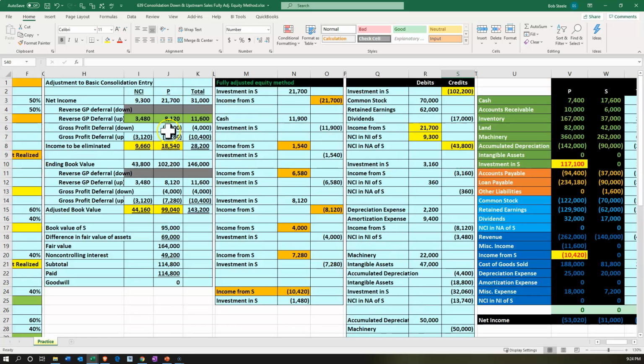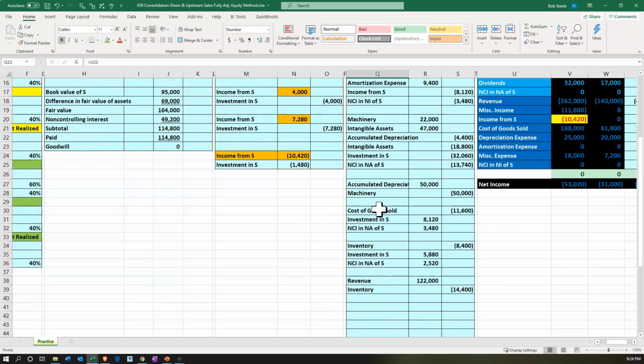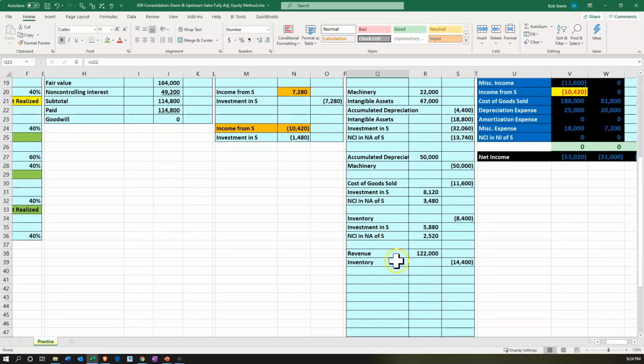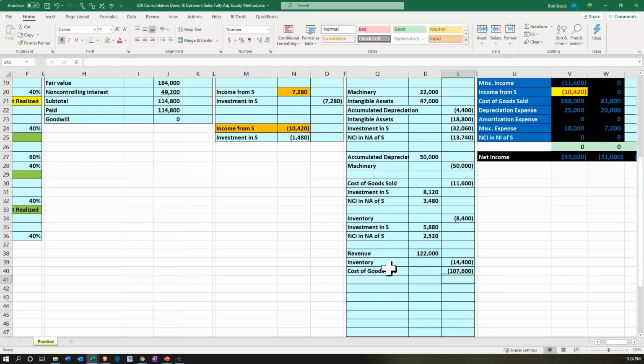And there we have that. And that shows us that we've included these items down below when considering the effect on cost of goods sold, investment, the cost of goods sold, the revenue, and the inventory. All right, and then the difference is going to be to the cost of goods sold. So I would use that as the plug then. Cost of goods sold is going to be the negative sum of these.